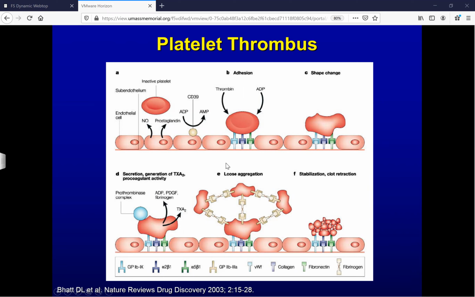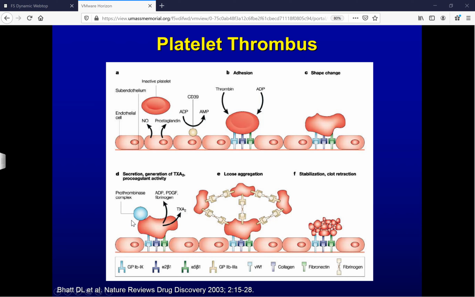So the first receptor that is getting activated is GP1B. And there's also alpha-2 beta-1, but the GP1B is what you need to remember. Thrombin and ADP are very aggressive substances that lead to this adhesion.